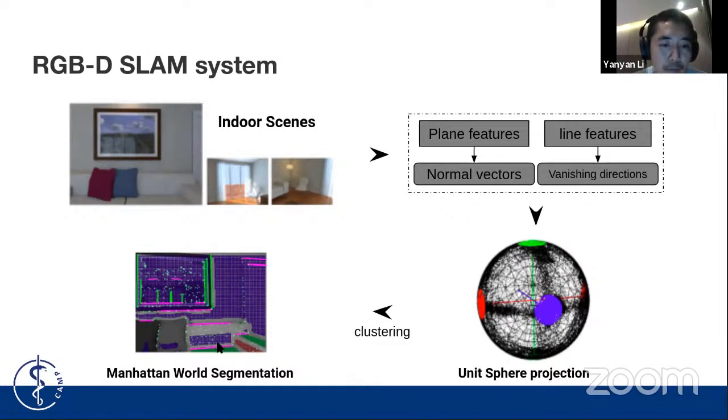You can see this is a surface of the sofa, and it's parallel with the handle surface, so they are in the same color. Even with a line, if the normal vector of this plane is parallel with this 3D line, they are also in the same color. So this is the result of the clustering, and based on these perpendicular clusters, we can make use of the Manhattan world.